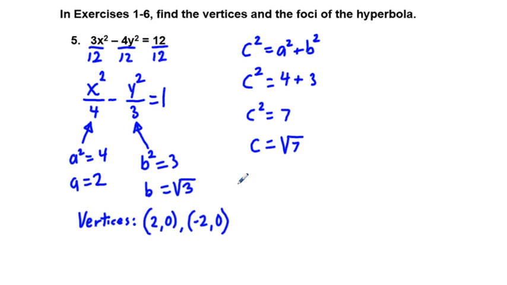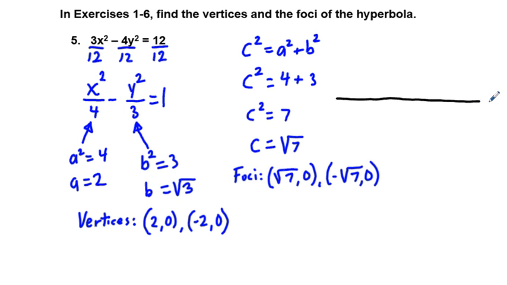And our foci are going to be located at the points square root of 7, comma 0, and also negative square root of 7, comma 0. And we can arrange this. Let's make this drawing up here. Okay, we have an xy coordinate plane. So there we have it.